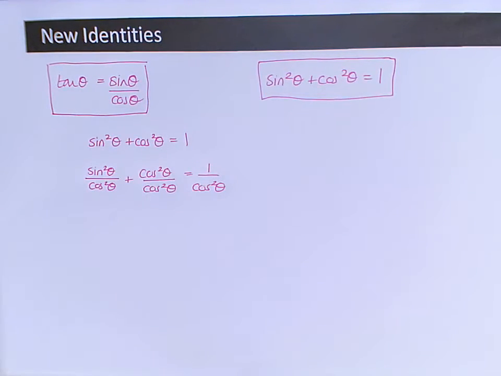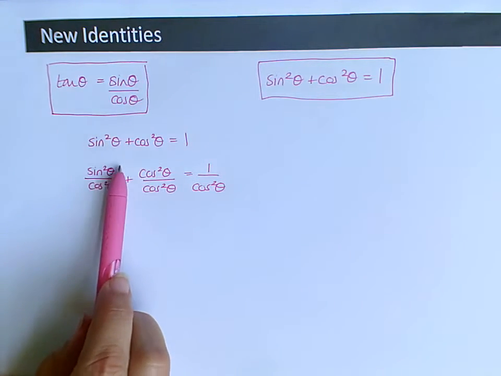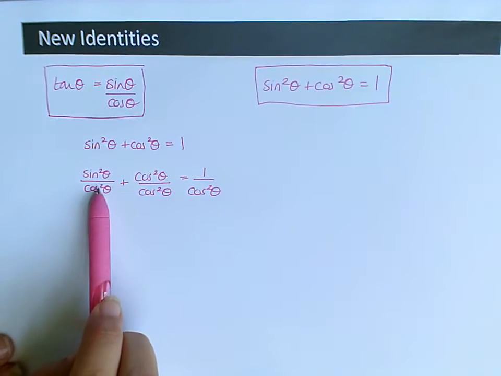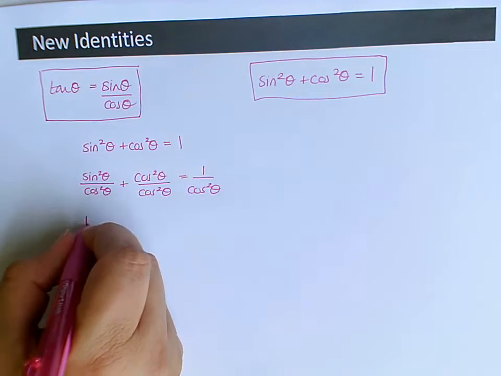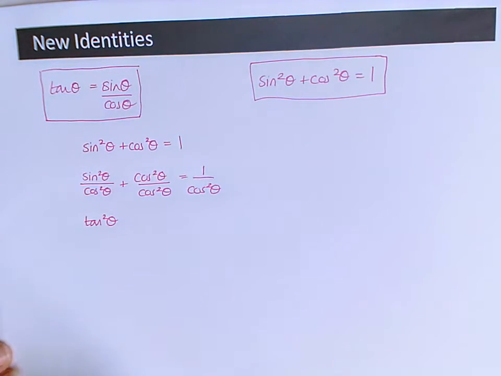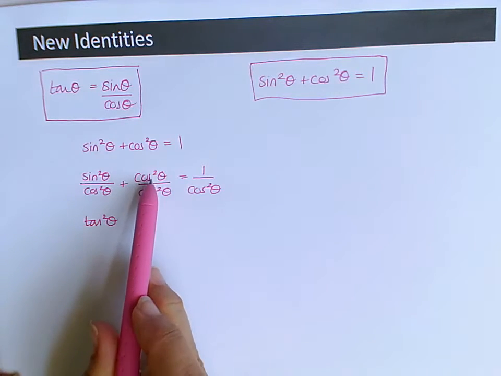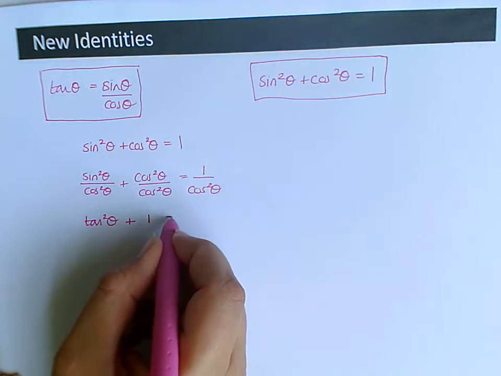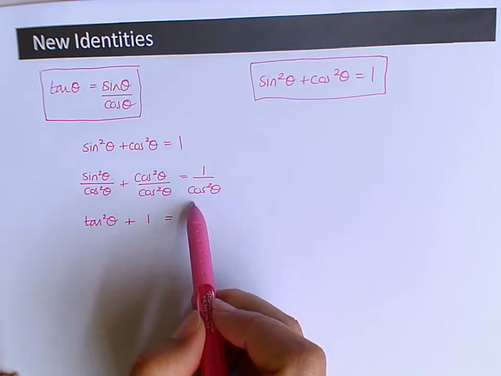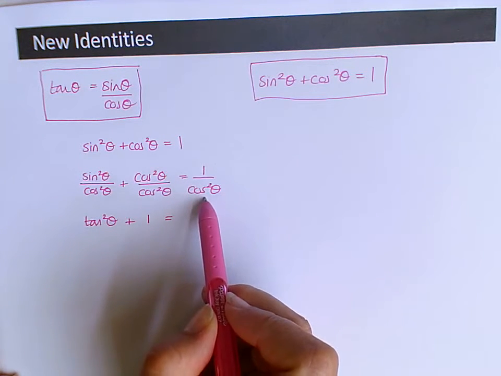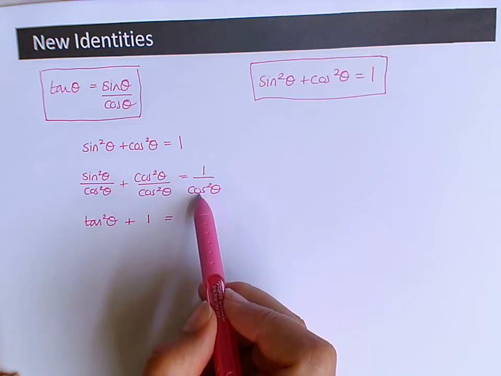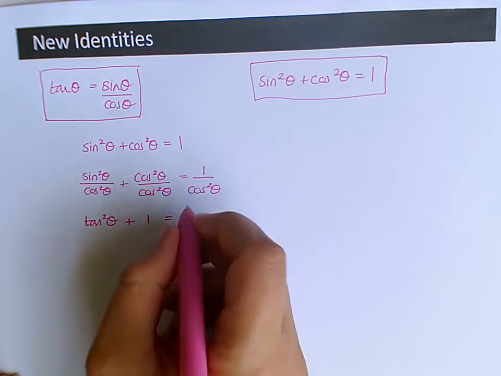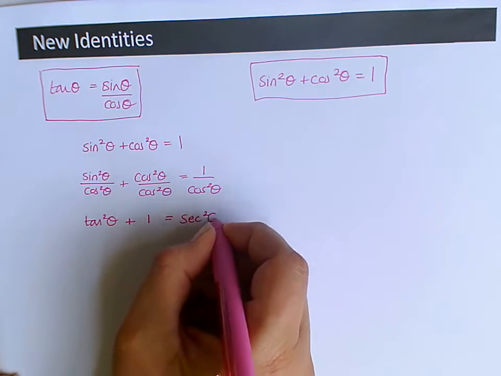Every term has now been divided by cos squared theta, and sine squared theta over cos squared theta, well, that would now be tan squared theta. And cos squared theta over cos squared theta, well, that would be 1. Now we've just learnt that 1 divided by cos theta is sec theta. So this is sec squared theta.